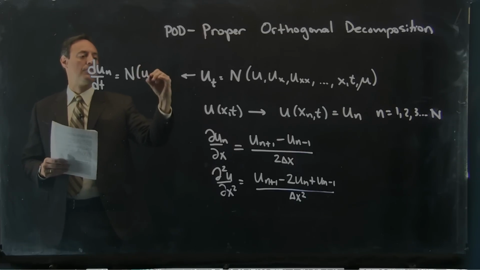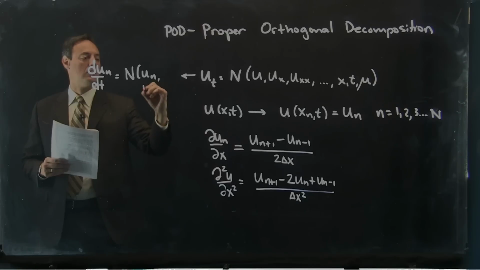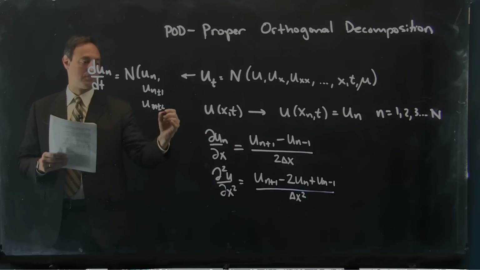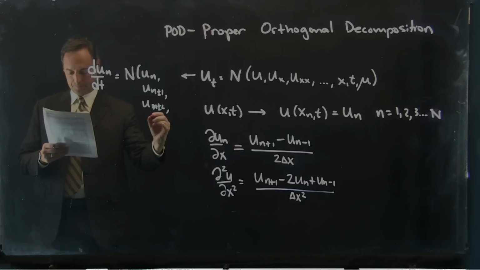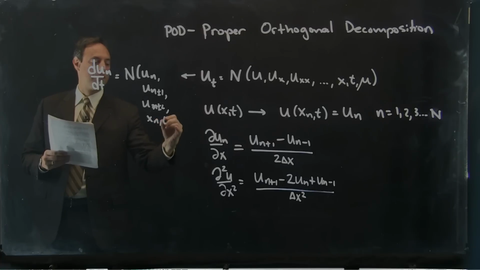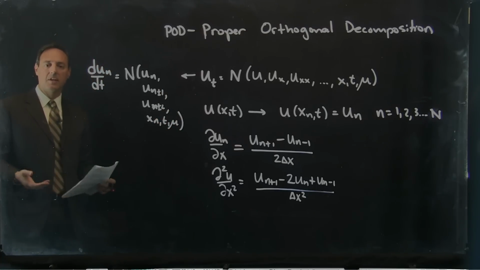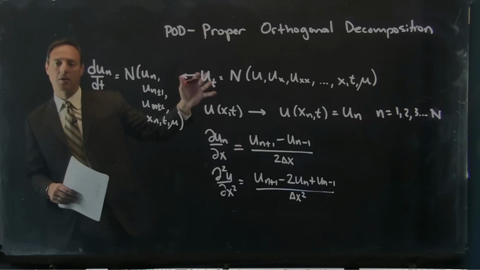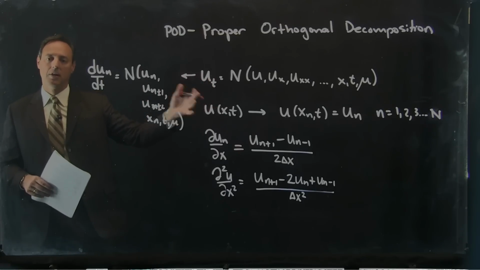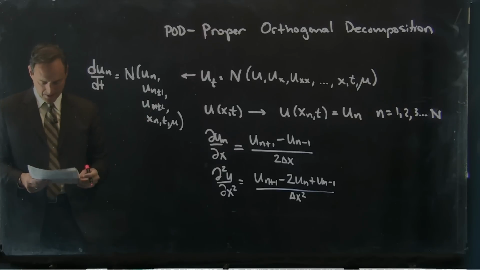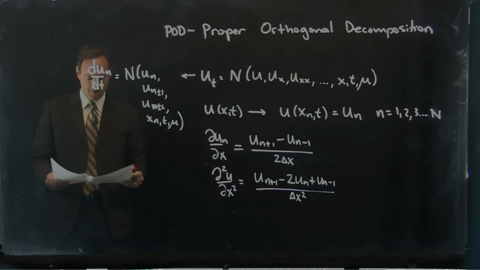And this thing now is a function of u at n plus 1, potentially n plus 2, n plus or minus 1, plus or minus 2, x of n, t, and u. So that's the way we can start thinking about this: what we've done is traded out a partial differential equation for a large system of differential equations. Okay? So this is going to be our basic idea behind the kind of problems we want to solve.